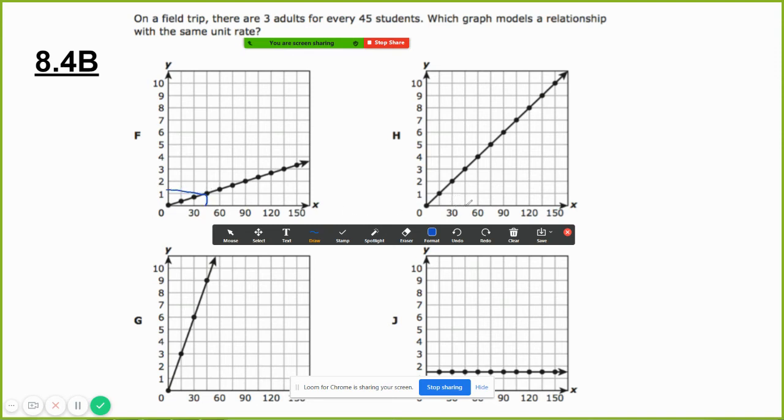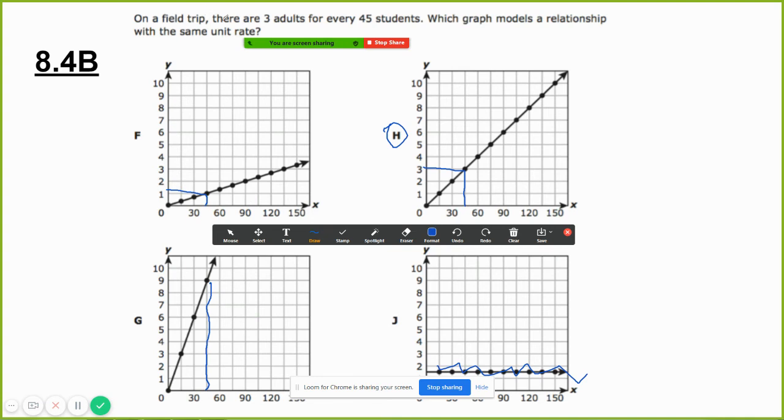Okay, here's 45. If we go up and over, that's 3, so that one works. This is 45. If we go up and over, that's not 3. And this one makes no sense whatsoever. So this is for every 3 adults, we have 45 students. So that's it.